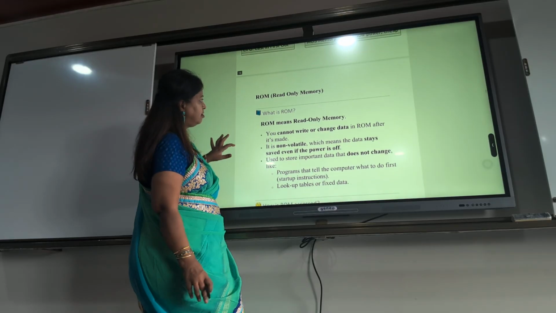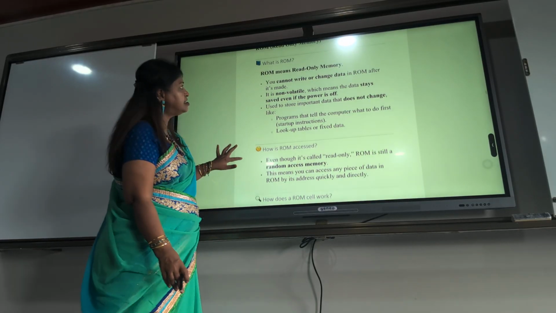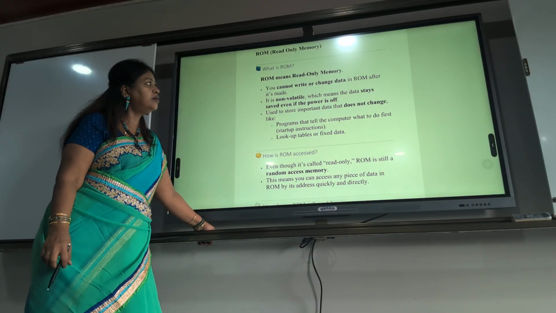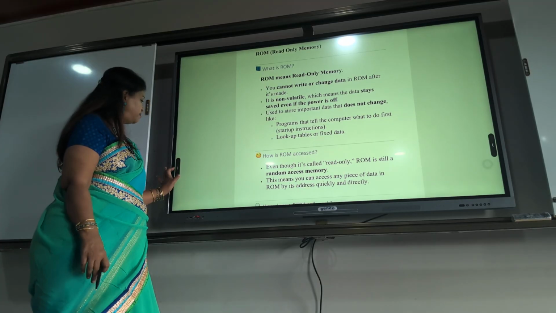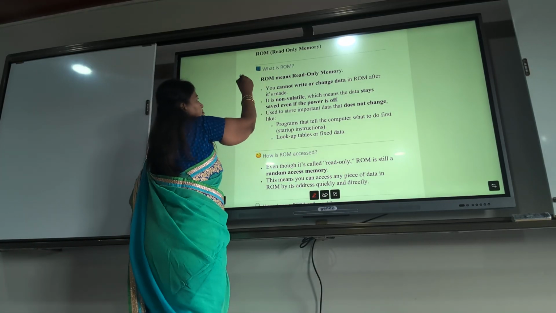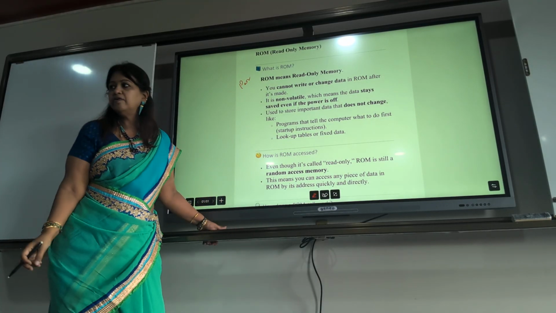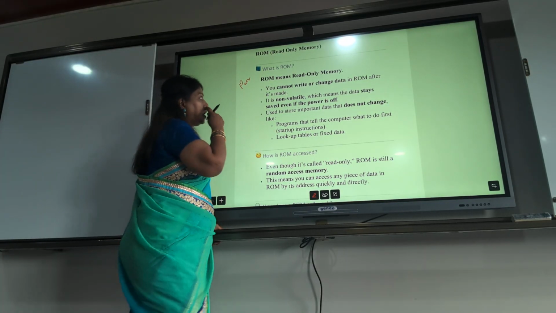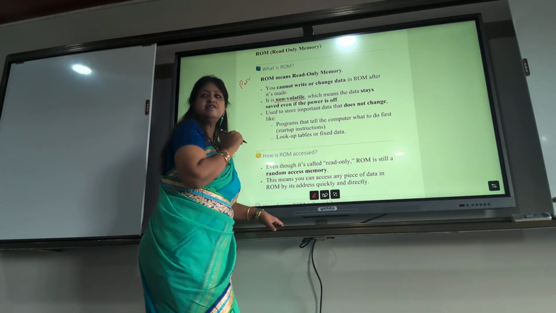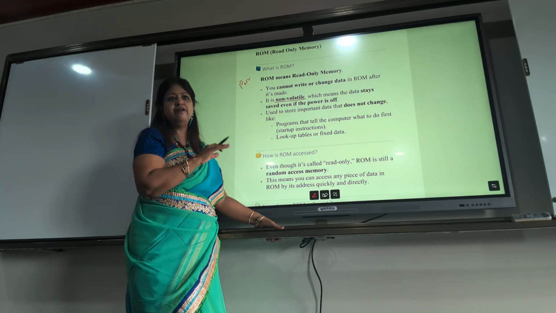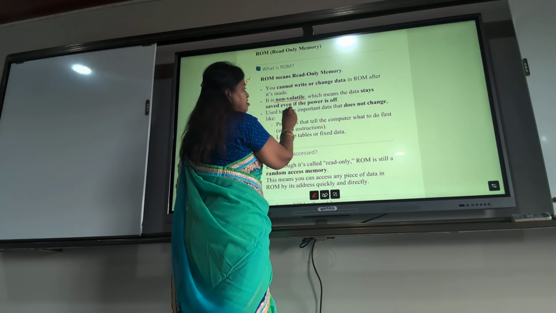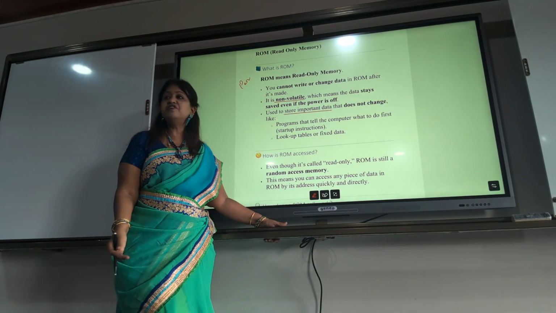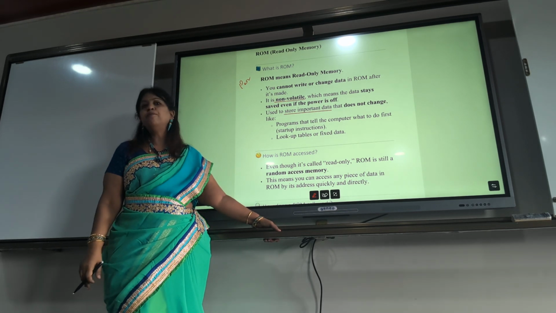So this is all for your benefit. Next is read-only memory. You cannot write or change data in it long after it is made. It is permanent. The company itself will not change it, and it is non-volatile. That means even if power goes off, the data will stay. It is used to store important data which you don't want to change, like booting your system.